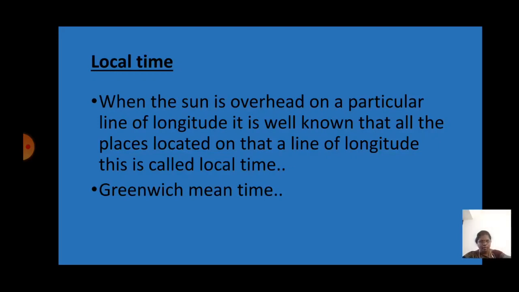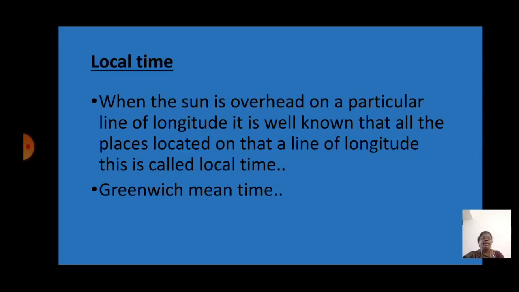Okay, now whatever country is situated on the same longitude. The world time is calculated by a standard line of longitude, which is known as Greenwich Mean Time. So for example, if the time is 12 noon at the Greenwich Meridian, it is 12:04 p.m. at 1 degree east line of longitude and 11:56 a.m. at 1 degree west line of longitude.